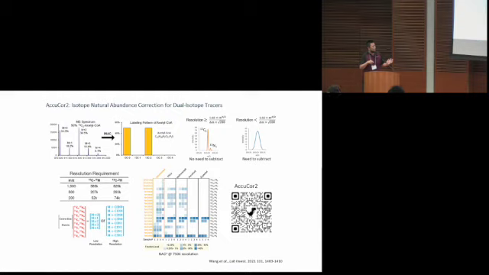We also compared our software with the other two available tools that claim to handle this kind of data, but they failed to recognize a lot of species due to natural abundance. We have made this software 100% free online. If you are interested in doing dual isotope tracing in the future, you are welcome to learn more from our website. Thank you.